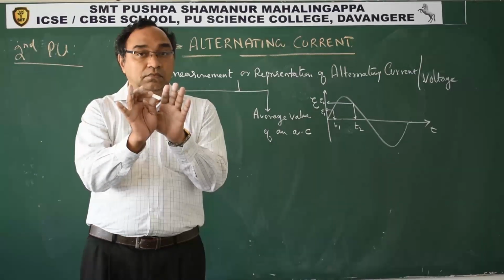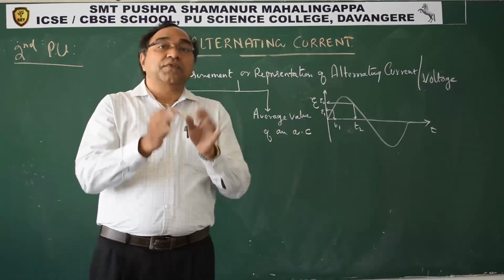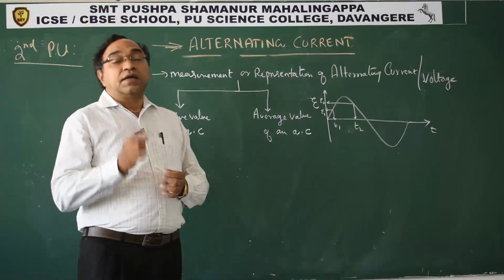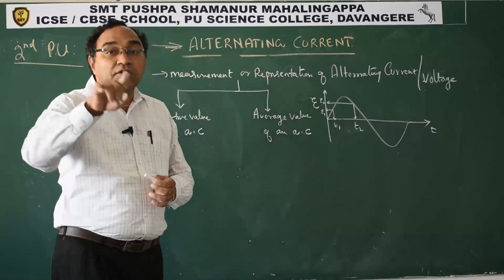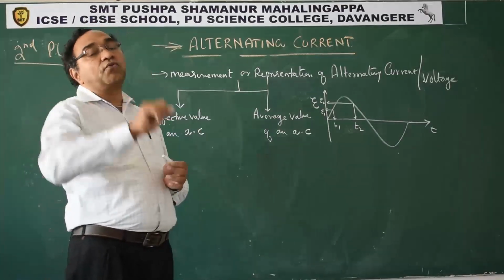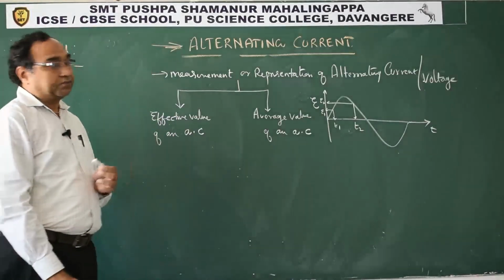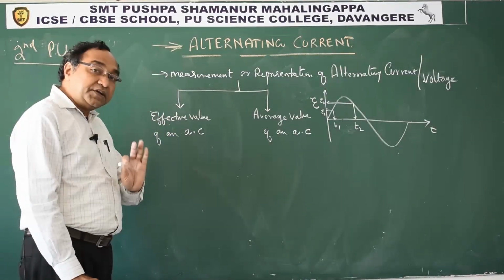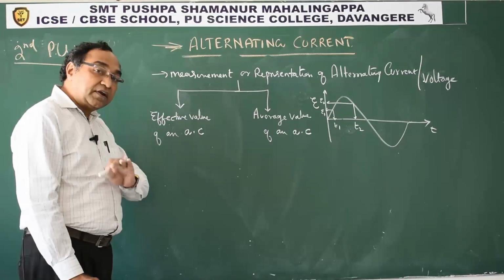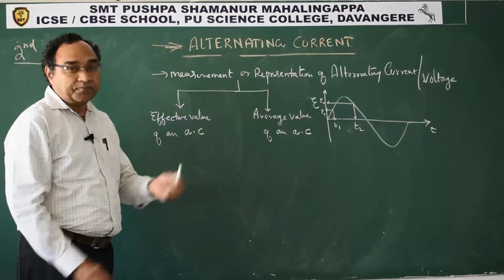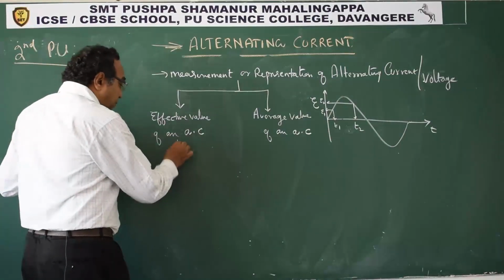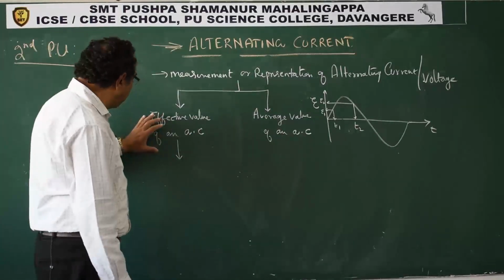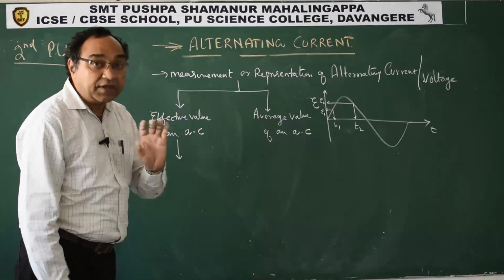No, it will heat also. This means the heating effect of electric current is independent of the direction of flow of current. If the direction of flow of current is altered, it doesn't mean heat will convert to cool. No. So the parameter which we are using to measure effective value of AC is heat.